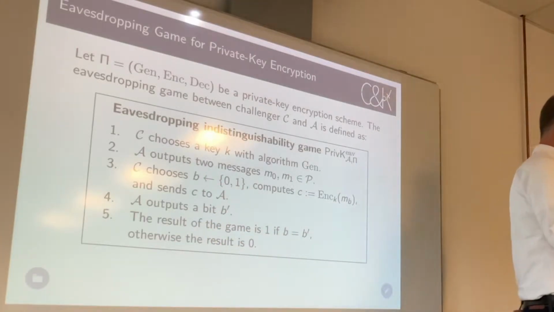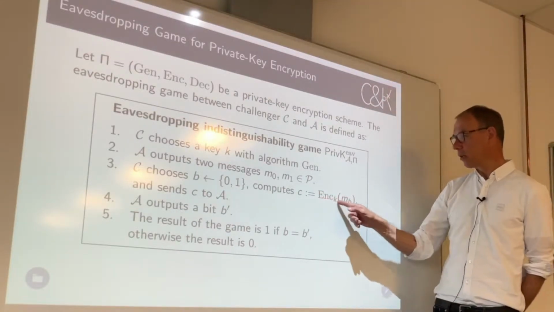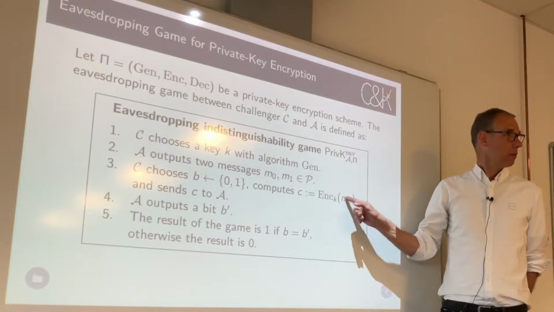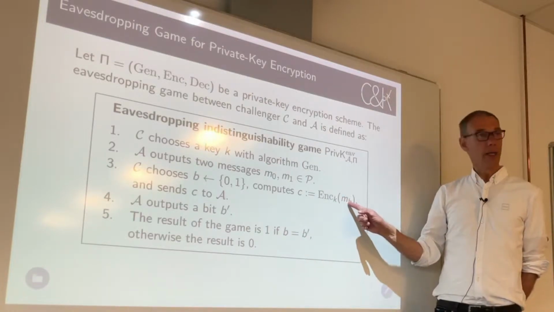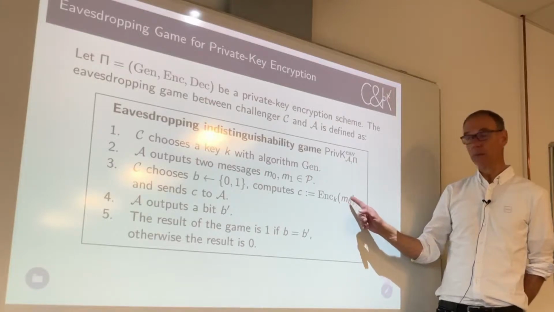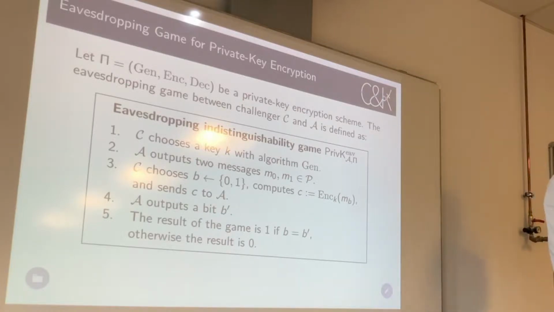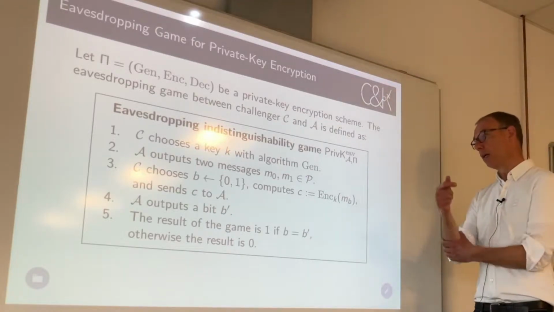So b is 0 with probability 1/2 and b is 1 with probability 1/2. And he computes c as the encryption of M_b. So if the bit b is 0, he encrypts M0. If the bit b is 1, then he encrypts M1. So this is the way we pick the random message from the two that the adversary computed.